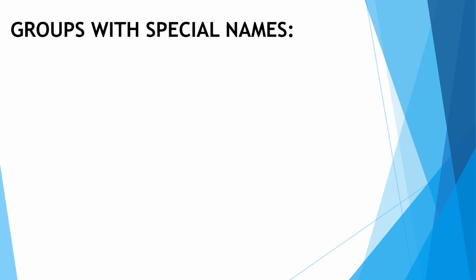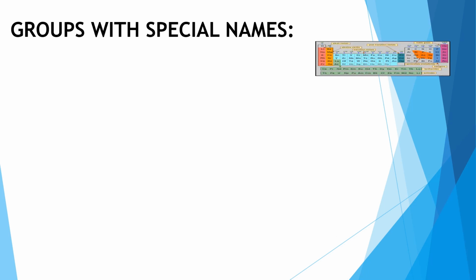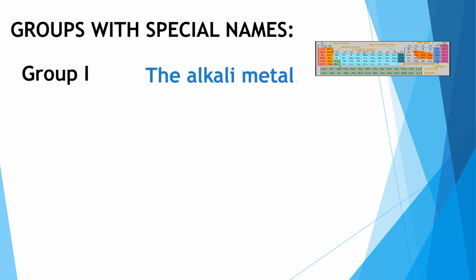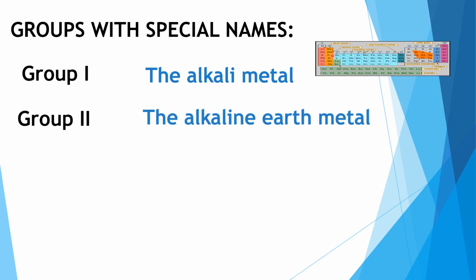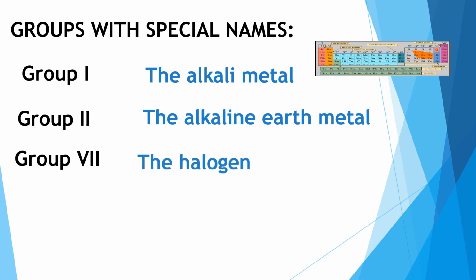Groups with special names. Look at the table. Group 1 is called the alkali metals. Group 2 is called the alkaline earth metals. Group 7 is called the halogens.